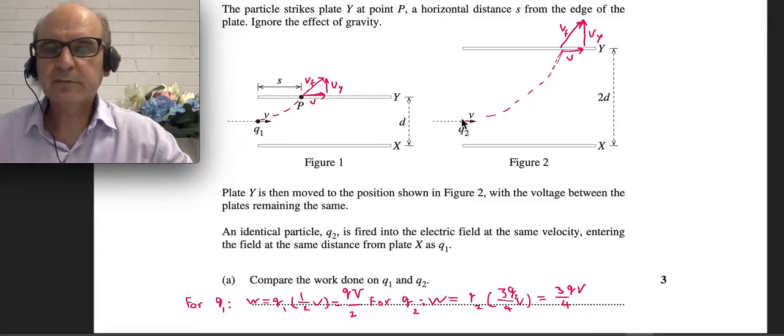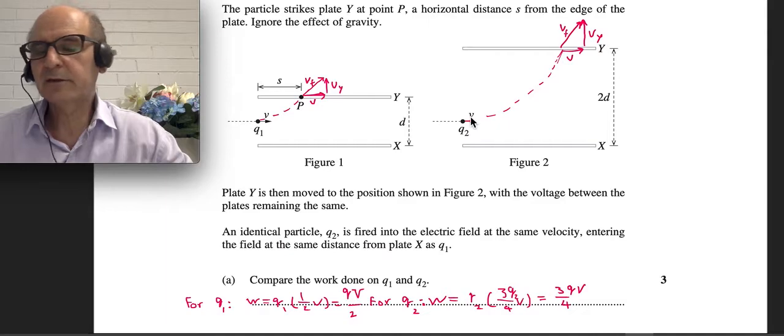Still released from the same position, but this time the electric potential difference still is V, but this is a quarter of the distance. So in other words, 3/4 of the whole distance is on this side.